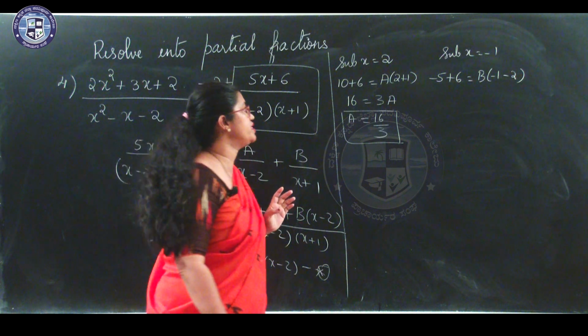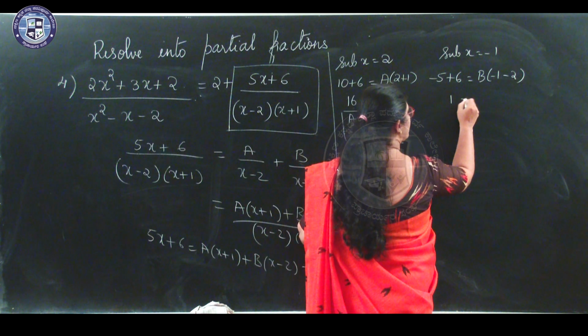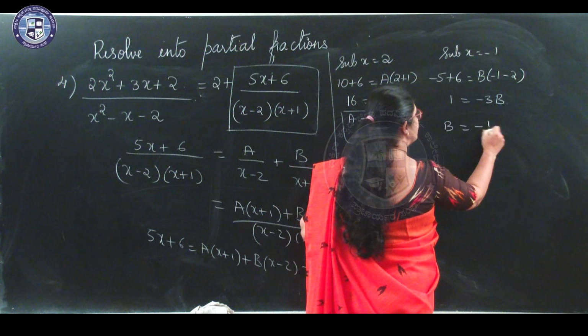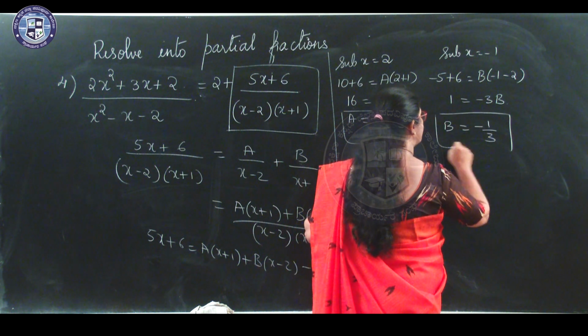So, 6 minus 5 is 1 and this is minus 3b, and from there you get b is minus 1 by 3.